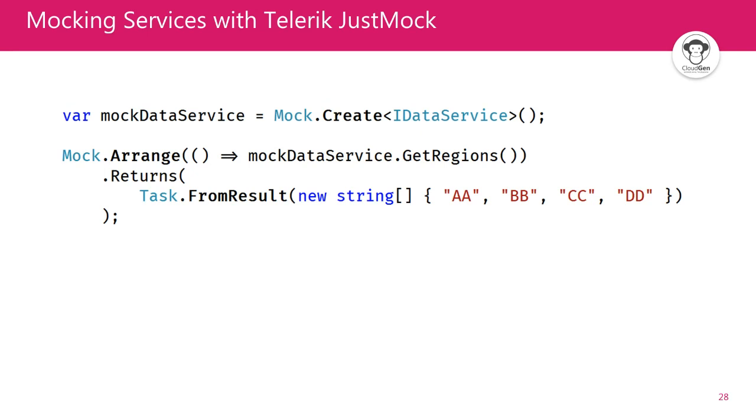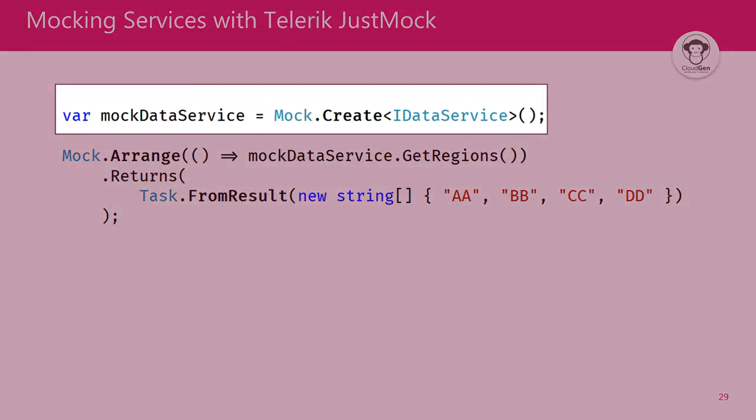So let's take a look at what we have here. This is what a typical mock with Telerik JustMock looks like. For example, here I have an IDataService. Now, if you've ever done testing before, you might be familiar with a fake. So in the situation where you'd have a fake, what I'd have to do is create an entire implementation of an IDataService myself.